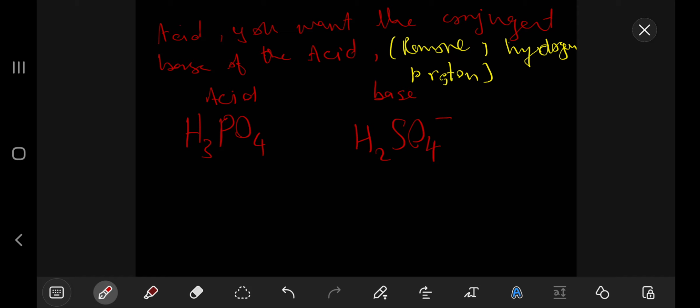Every time you subtract a proton, you remove a positive, so there is a negative that arises. And then the conjugate base of CH3COOH: this is the acid, you want the conjugate base, you remove one hydrogen, so that will be CH3COO minus. So that is the conjugate base.